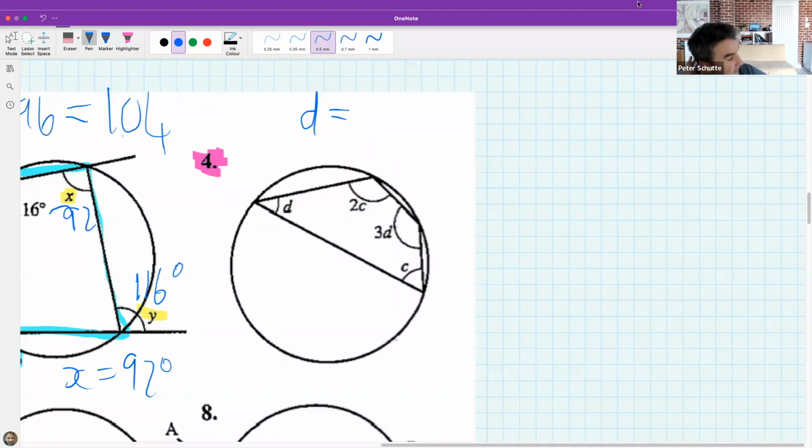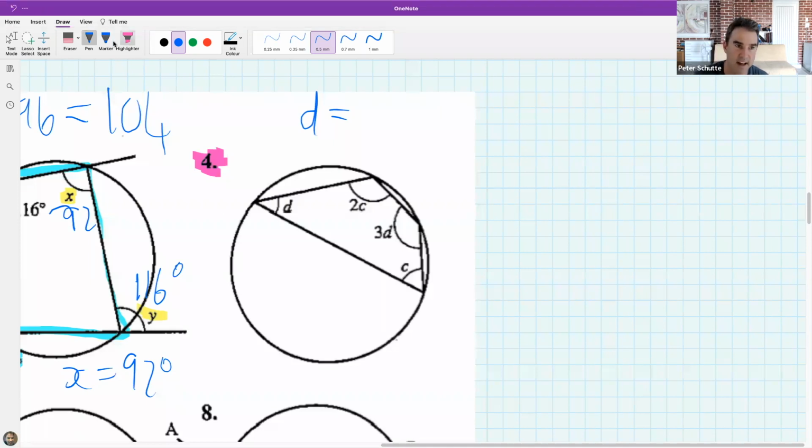So this is definitely a slightly harder question, but we need to ask ourselves, what do we have for sure? What do we know we have in this question? What's the one piece of information that could be helpful? Any ideas, guys? If you think about what we've been learning about, so it could add up to 360. Yep. I like that. It's a quadrilateral, definitely.